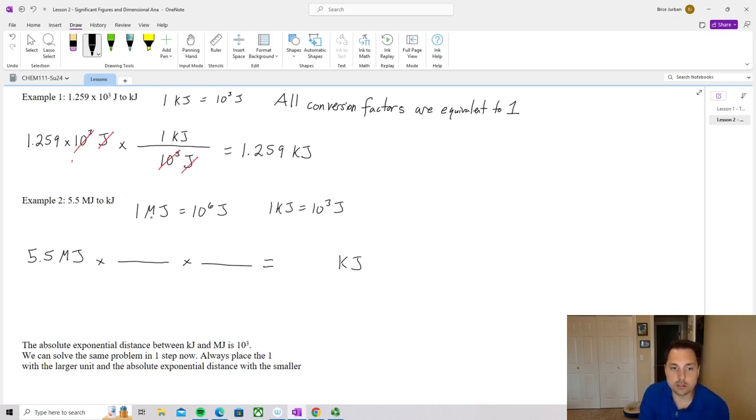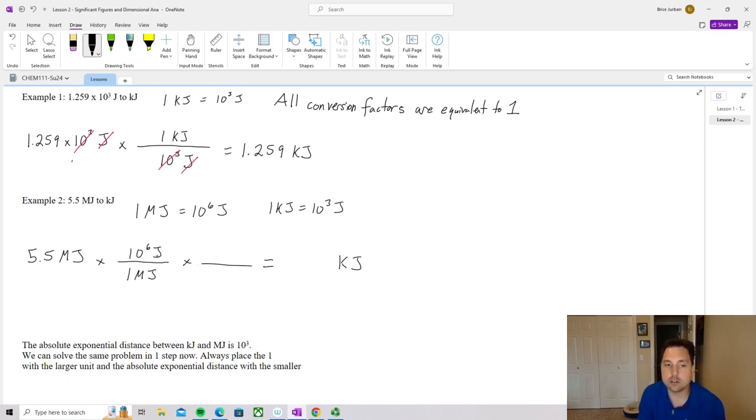What we're going to do first is convert megajoules to joules. So we'll put 1 megajoule is equal to 10 to the sixth joules. And then at that point, if we were to stop the calculation, we would have 5.5 million joules.